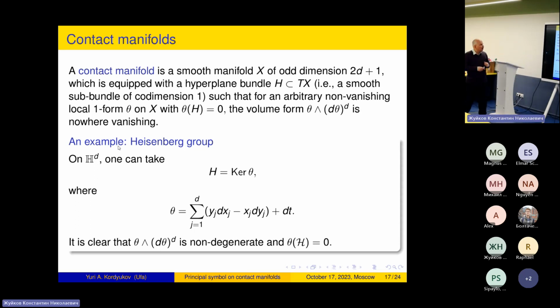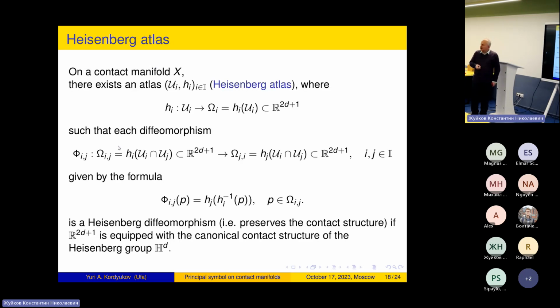An example is the Heisenberg group, and it turns out that this is a typical model example. So there is a Darboux theorem which says that any contact manifold looks like a Heisenberg manifold.